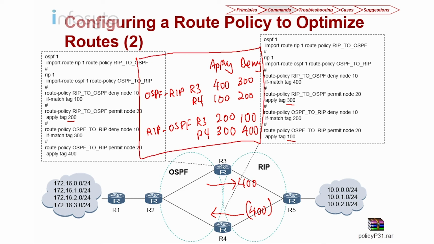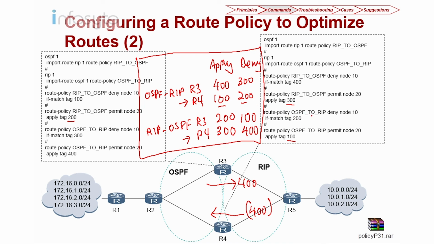So in your exam, what you need to do is to create this type of table on your blank sheet of paper, and then we are going to do this in the router. As you can see from here, this is router number 4. Now on router 4, we are going to apply 100. So you can see route policy OSPF to RIP permit node 20, we apply the 100. And here we actually deny 200.